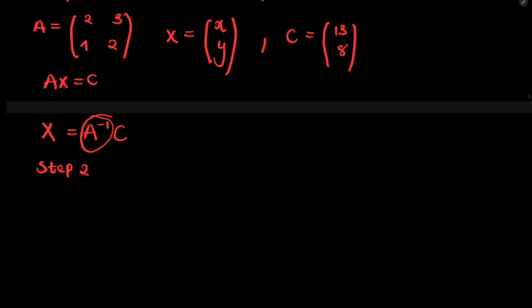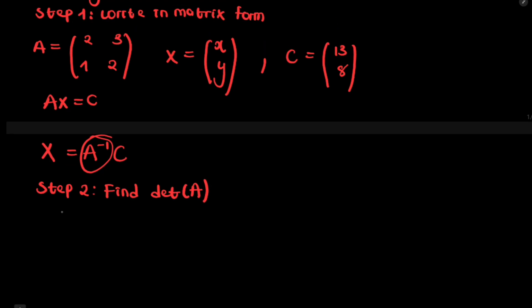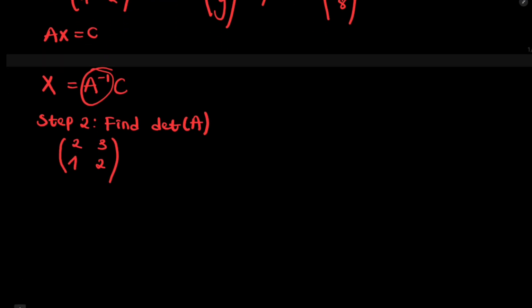Step 2, you need to find the determinant of that matrix. The matrix is 2, 3, 1, 2. The determinant is just going to be 2 times 2 minus 1 times 3.